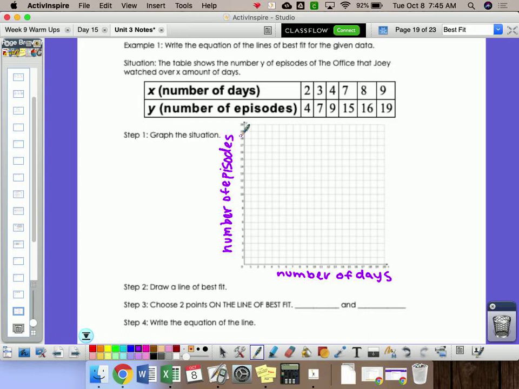Then I'm going to start to plot. At 2 days, I had 4 episodes. At 3 days, I had 7 episodes. At 4, I had 9. At 7 days, I had 15.